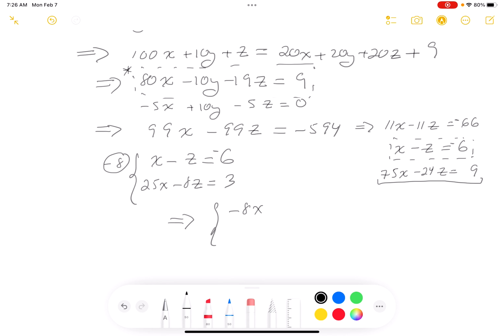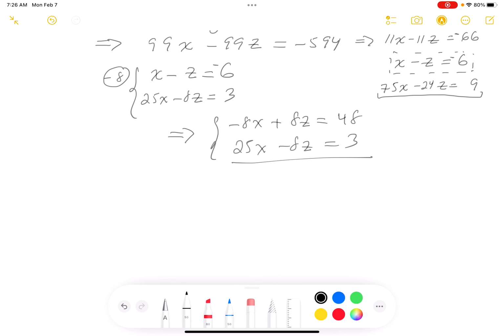So what do you get over here? Minus 8x plus 8z equals, well, that's going to be 48, right? 25x minus 8z equals 3. Add these together, and I think I'm almost home. So what do you get over here? 51. The z disappears, and then what do you get there? You get 17. What's x? X is 3.